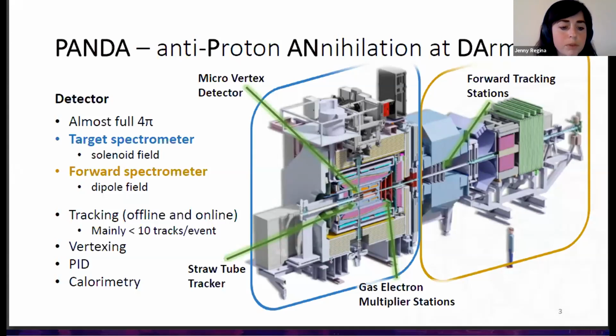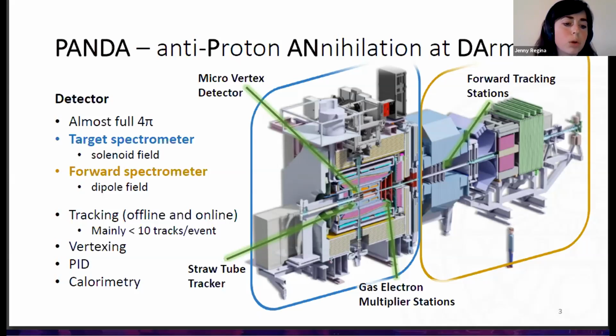Outside of this we will have the straw tube tracker, which I will introduce in more detail. Going in the more forward direction, since it's a fixed target experiment, we need to cover those angles in detail, so there we will use gas electron multiplier stations and also forward tracking stations.